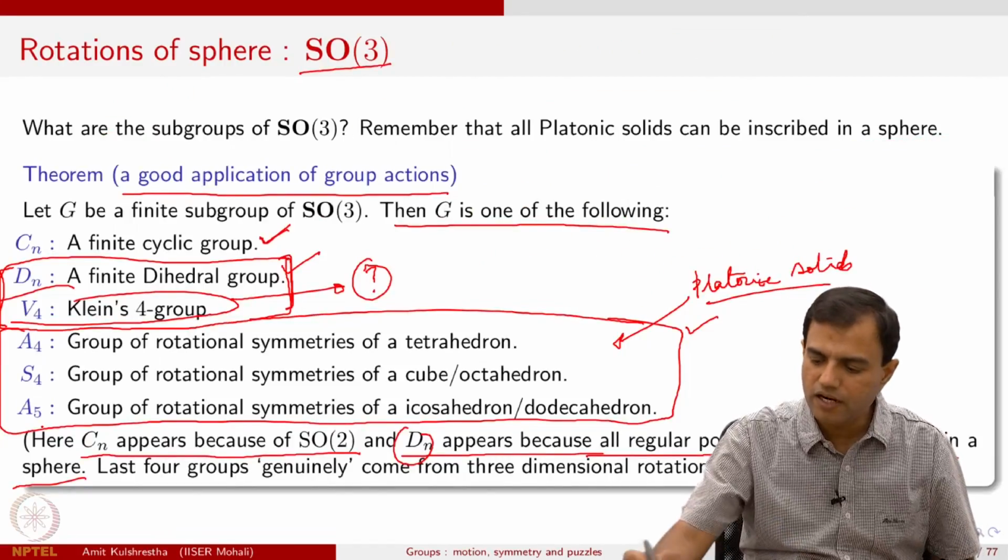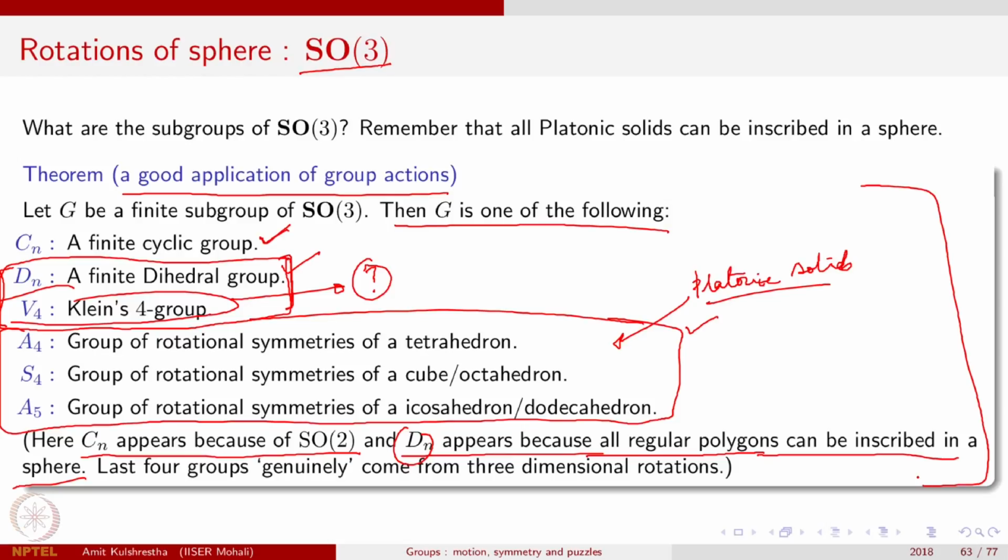So we are back to the original statement, which is that these are all subgroups of SO3. You carefully examine what the poles are and how the stabilizers of other poles act on those poles, and that eventually leads either to platonic solids, or to a polygon right there on the equator, or to the situation of Klein's 4 group, where you have the 3 axes, x, y, z axis, inscribed inside a sphere.